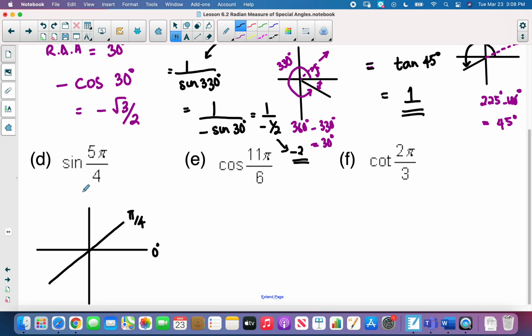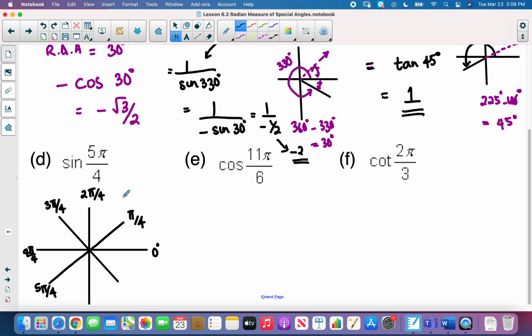This will be 2 pi over 4 or pi over 2, right? And then this will be 3 pi over 4. This will be 4 pi over 4, which is same as pi, and this is 5 pi over 4. I'm just making increments of pi over 4 or 45 degrees.